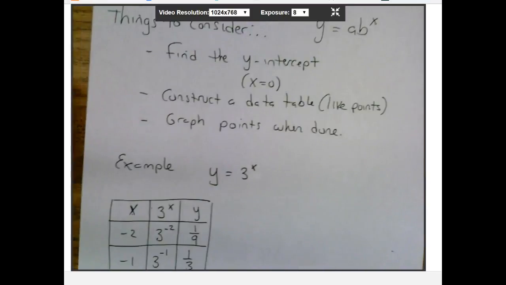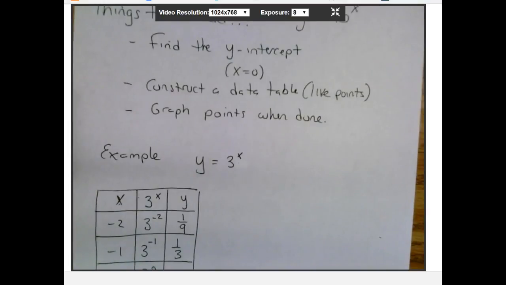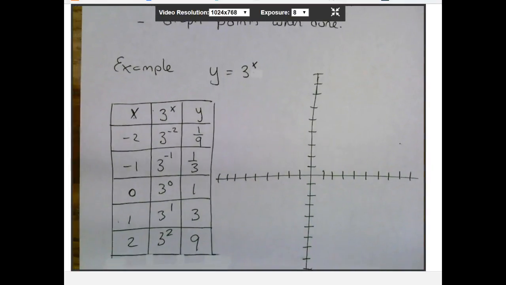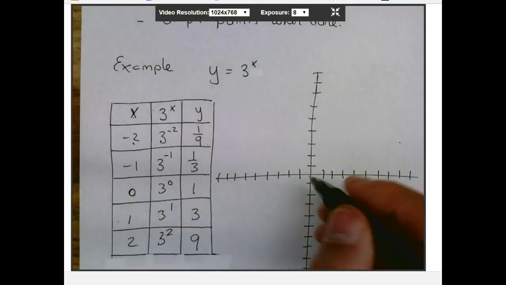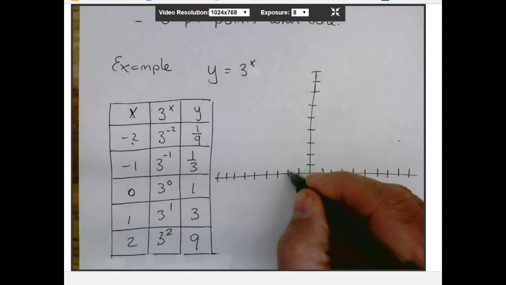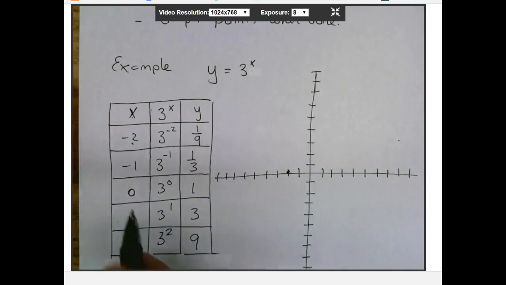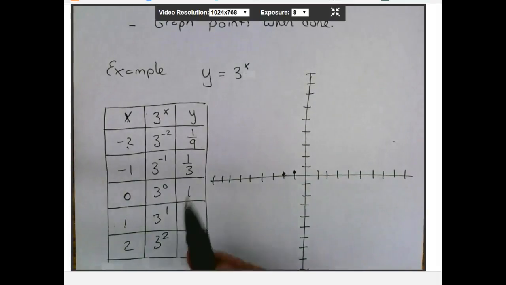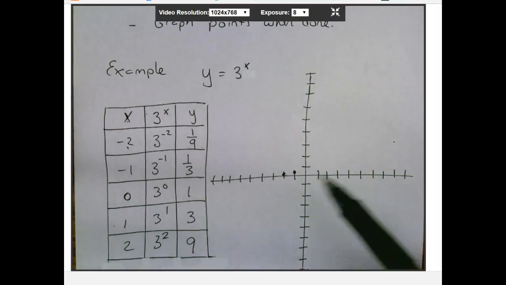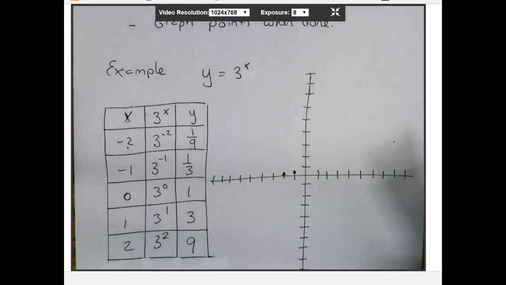So let me draw a graph here, a coordinate plane, and then we'll graph these together. Let's put these in. So x is -2, y is 1/9. -2, somewhere around here, right? And then -1, 1/3. So -1, maybe like here. Again, these don't have to be perfect. We're just getting a general idea of what the function looks like.